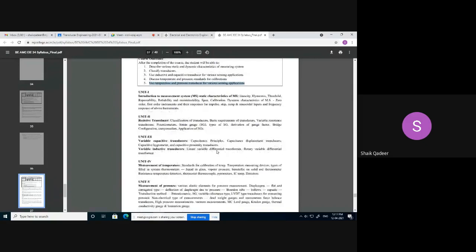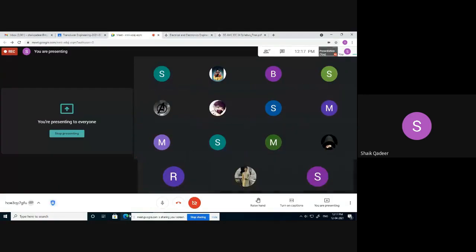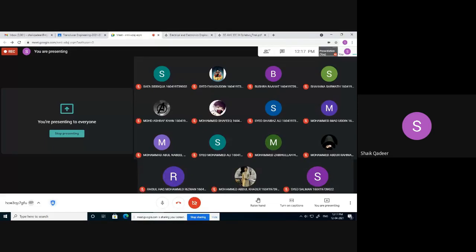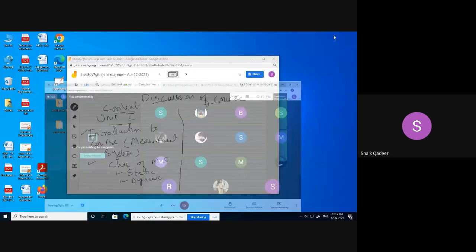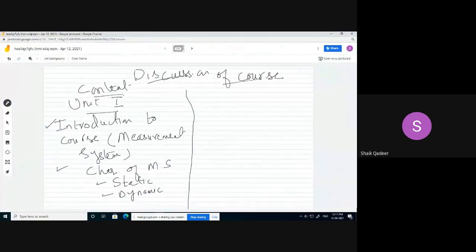Let us see each unit in detail. In order to help you understand the content of each unit in detail, I will take the help of this whiteboard. In Unit 1, as usual, we need to see the introduction to the course.